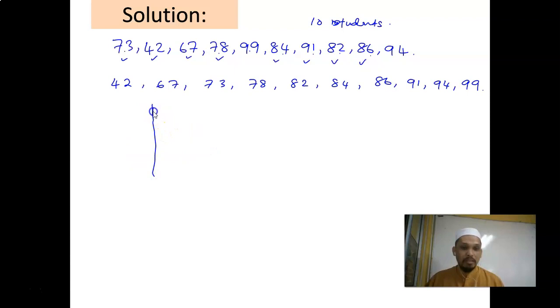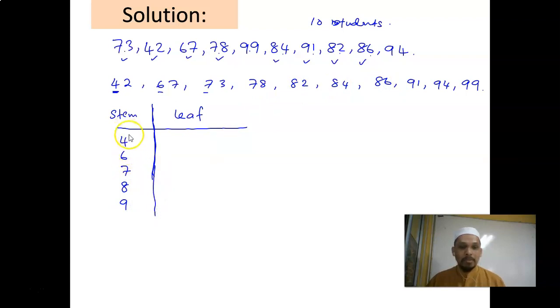So then, if we divide this, sketch a line, draw the line here. We name this a stem and leaves. Okay. So take the first numbers here, which is 4. We have 6, 7, 8, and 9.